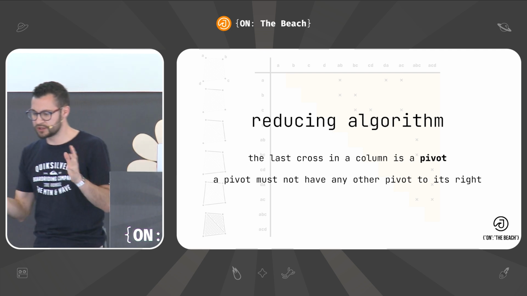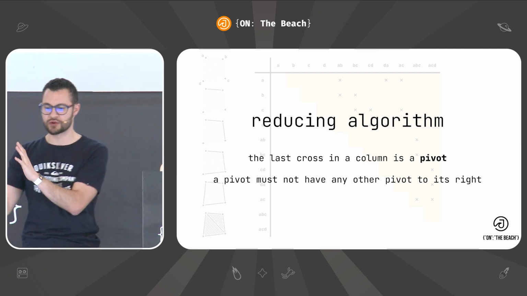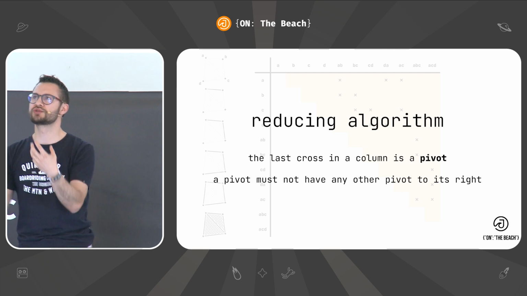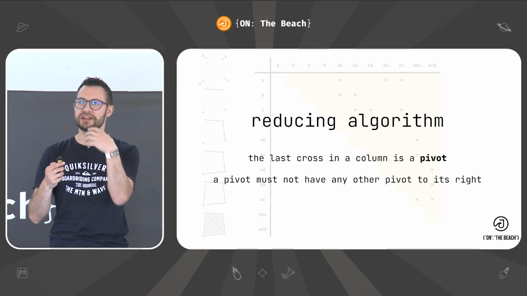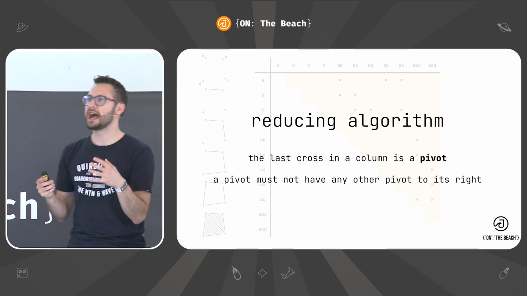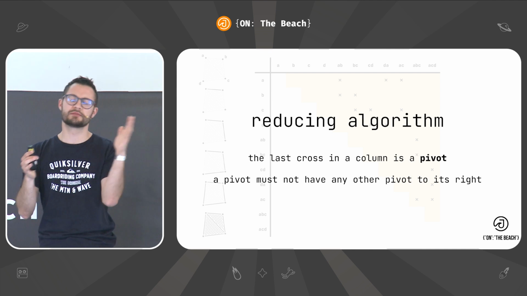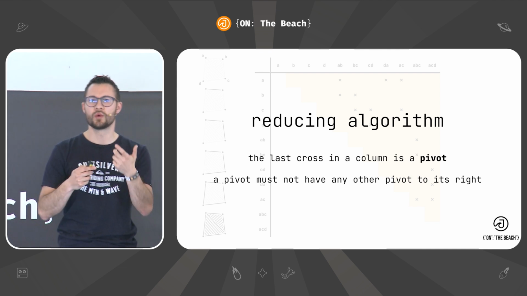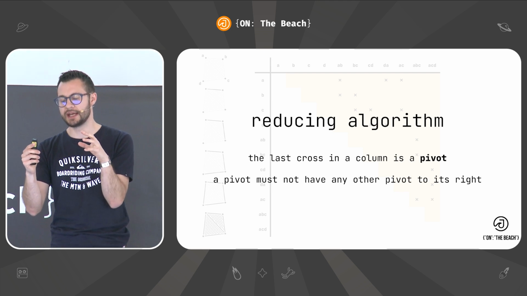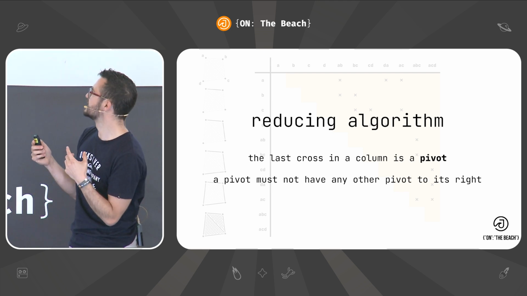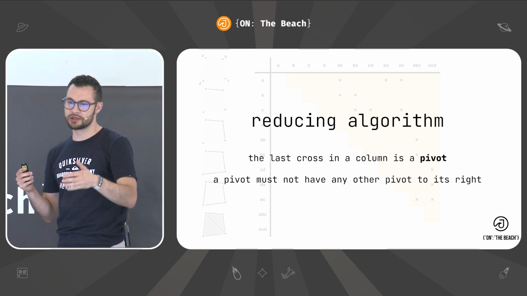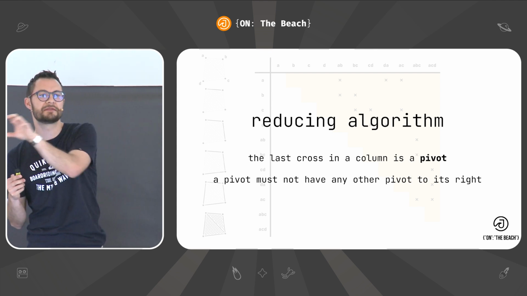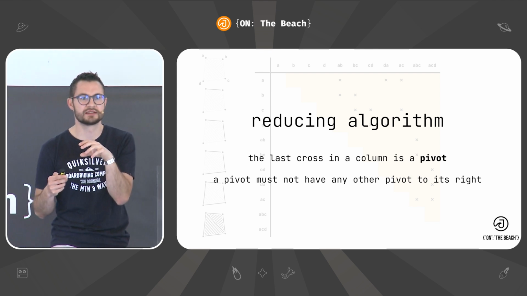And then we will do a series of column transformations that will try to isolate those characteristics that are more interesting topologically. And this will be much like Gaussian elimination in matrices. This transformation will be governed by a rule: for each column, the last row will be a pivot, and a pivot cannot have other pivots to the right of it.